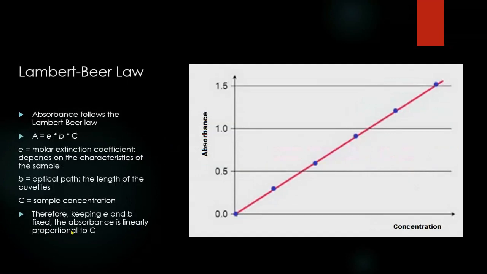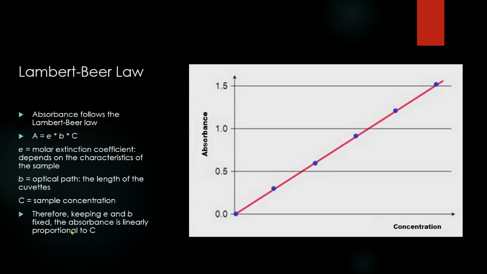Absorbance is used in the Lambert-Beer law, and this is the law on which spectrophotometry technology is based. The Lambert-Beer law is A equals E multiplied by B multiplied by C, where E is the molar extinction coefficient.